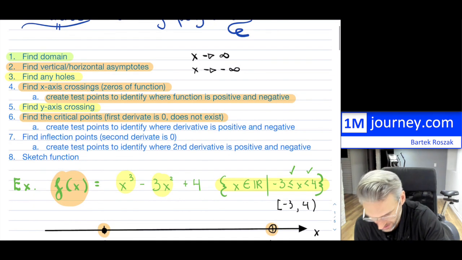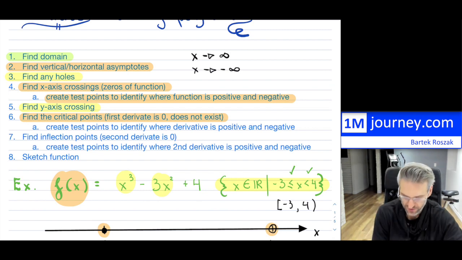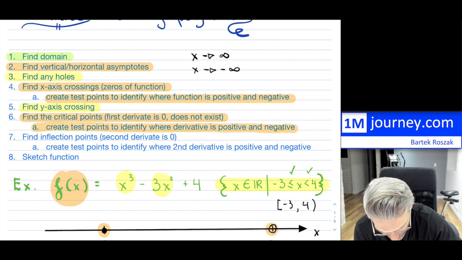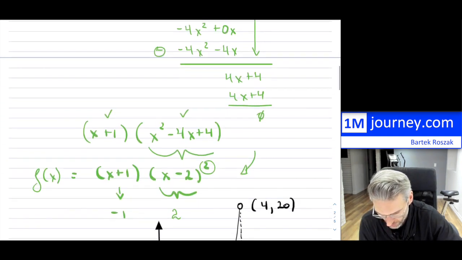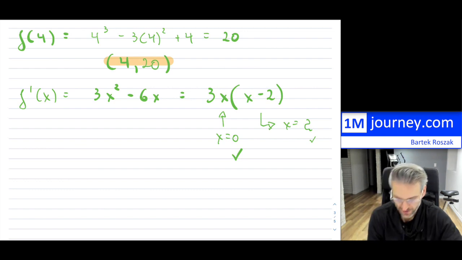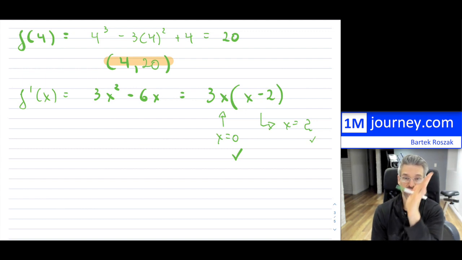The other thing is, do we need to create test points to identify where the derivative is positive and negative? That's what you see right here. That's very easy to do in terms of test points because here is our derivative. So the derivative on the left of x equals 0: if you substitute, for instance, -1, it looks like it is positive, so that means it has a positive slope.